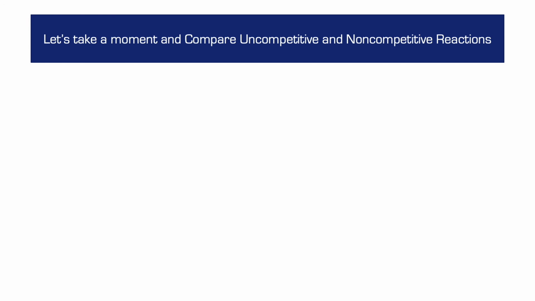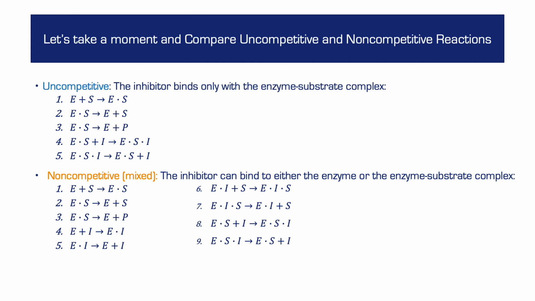Let's take a moment and compare uncompetitive and non-competitive reactions. In uncompetitive reactions, the inhibitor binds only with the enzyme substrate complex, and in non-competitive reactions, the inhibitor can bind to either the enzyme or the enzyme substrate complex.